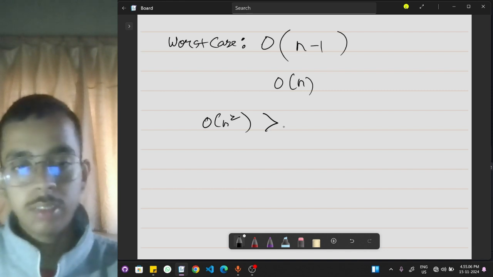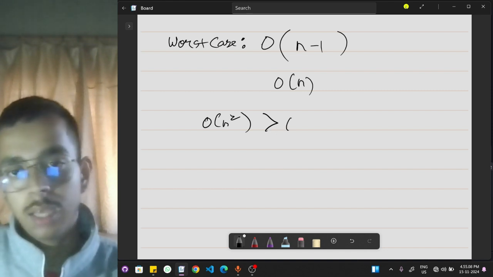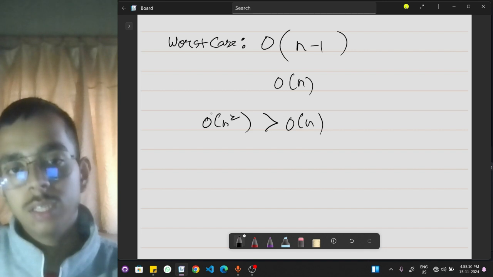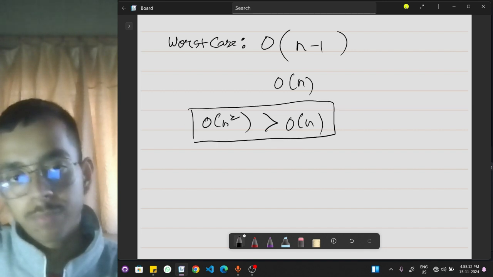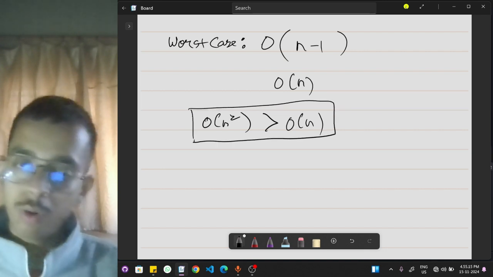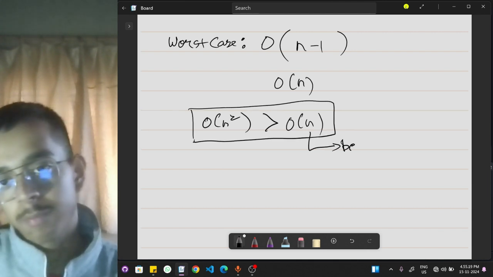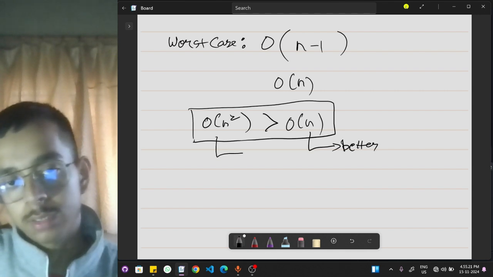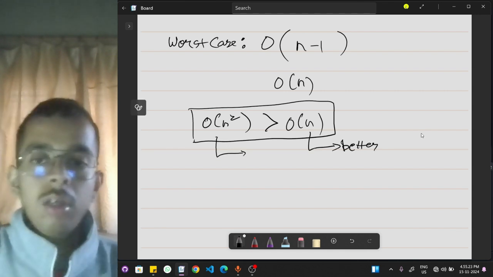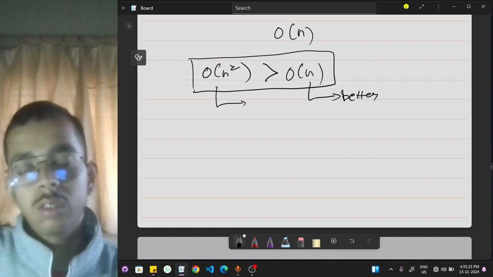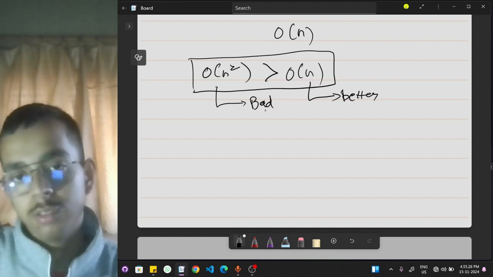Now you know that O of n square is a bigger time complexity as compared to O of n. So O of n is better than this, and this is bad.